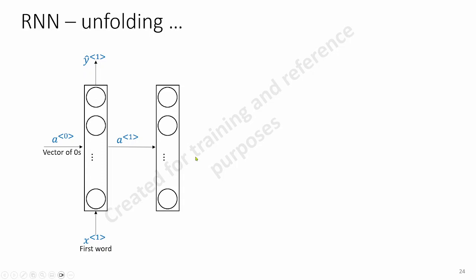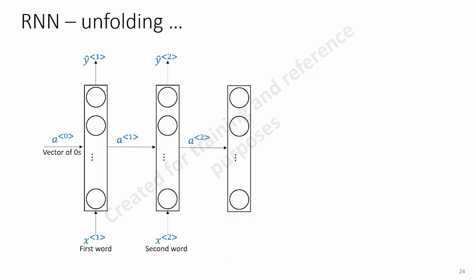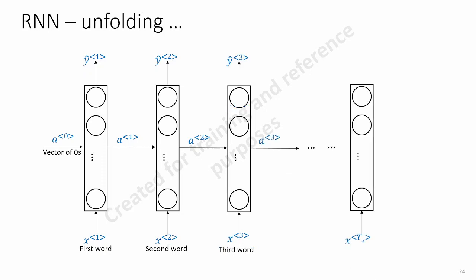We have the next input and the output here, and similarly you'll have the computations for the other time steps. So this is very typical of RNN unfolding. And notice at each time step, we will be feeding the embeddings here.